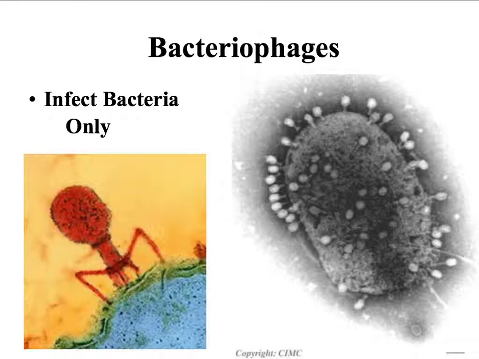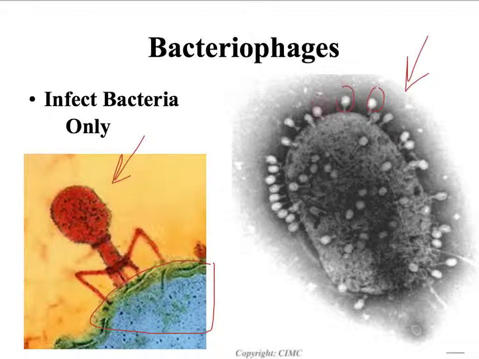Here's a bacteriophage. This is a simple one. Bacteriophages are viruses that infect bacterial cells. So this is the virus, the bacteriophage. This here is the border of a bacterial cell. And over here, all of these tiny dots that you see, these are all bacteriophages injecting their DNA into the host bacterial cell.